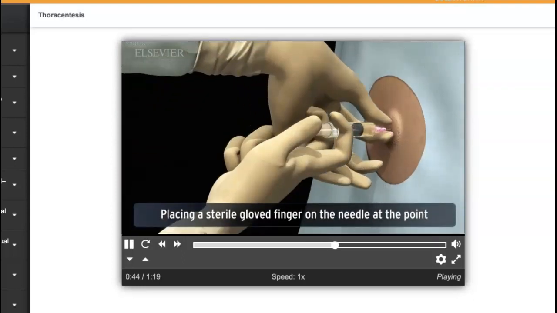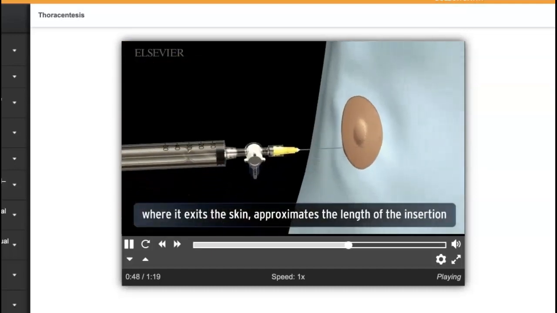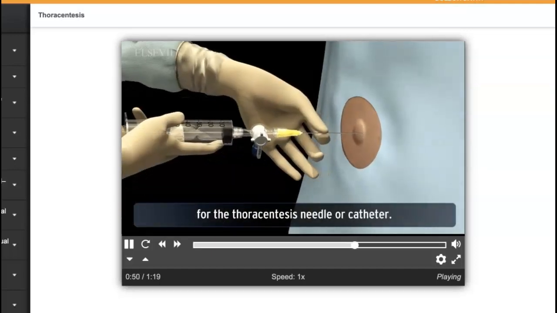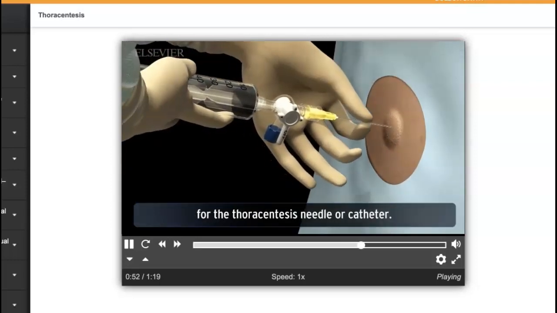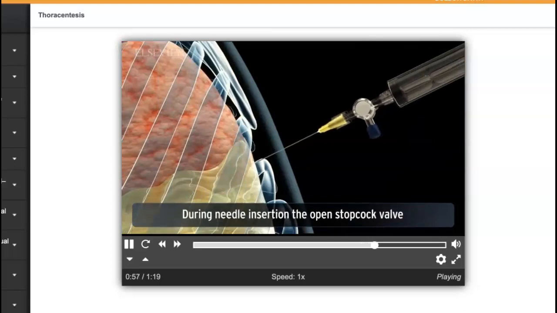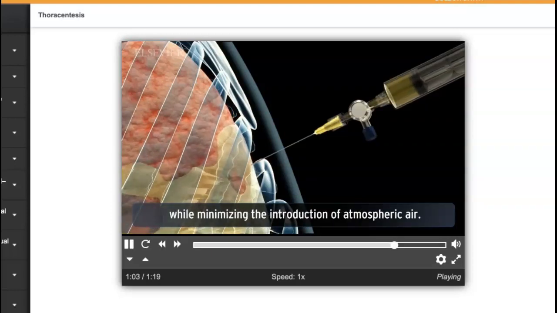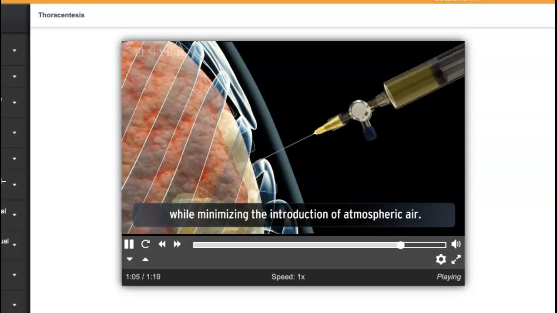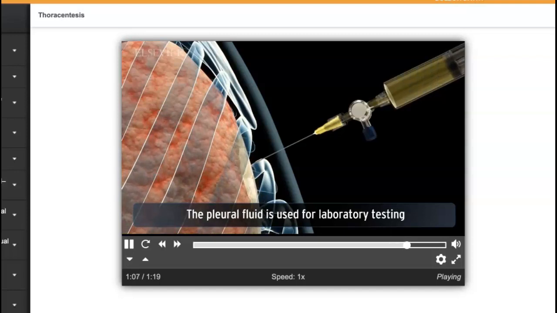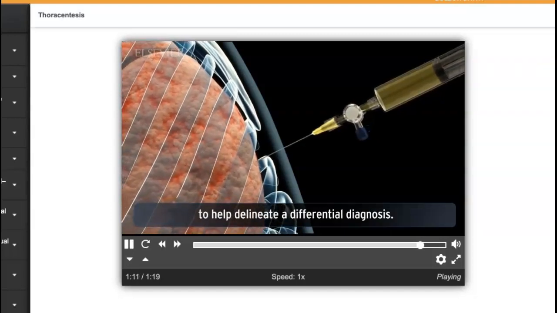Placing a sterile gloved finger on the needle at the point where it exits the skin approximates the length of the insertion for the thoracentesis needle or catheter. During needle insertion, the open stopcock valve allows aspiration of pleural fluid while minimizing the introduction of atmospheric air. The pleural fluid is used for laboratory testing to help delineate a differential diagnosis.